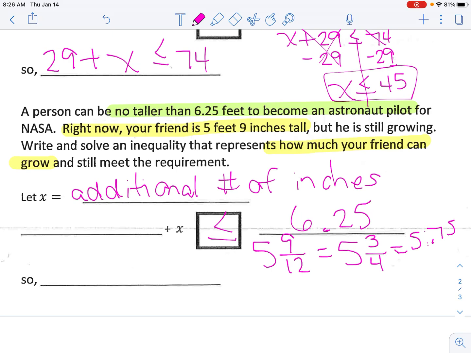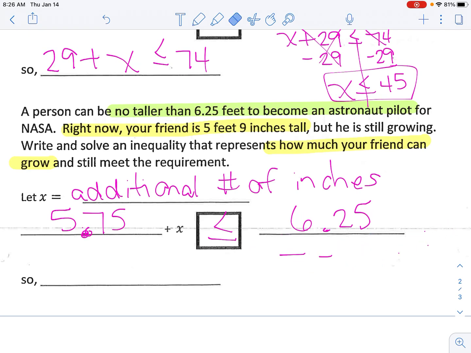So I'm going to use decimals in this problem to make the math easier to solve. All I did was convert my 5 feet 9 inches to 5.75 feet. So our inequality would say x plus 5.75 feet is less than or equal to 6 2/25 feet.